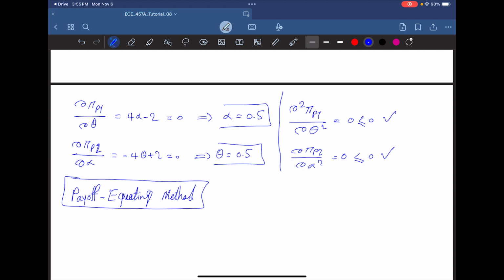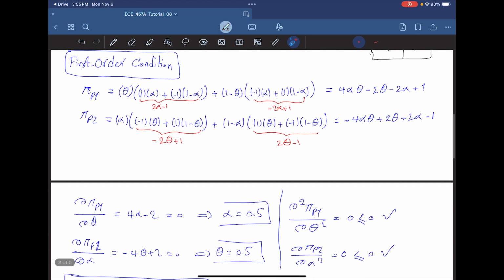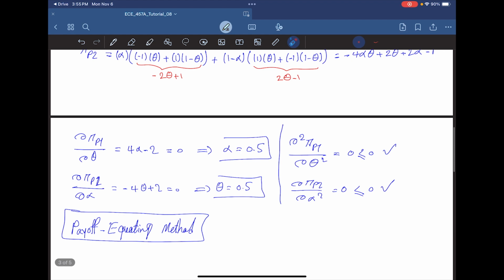So what we need to do here is to equate these two terms together, and these two terms together.